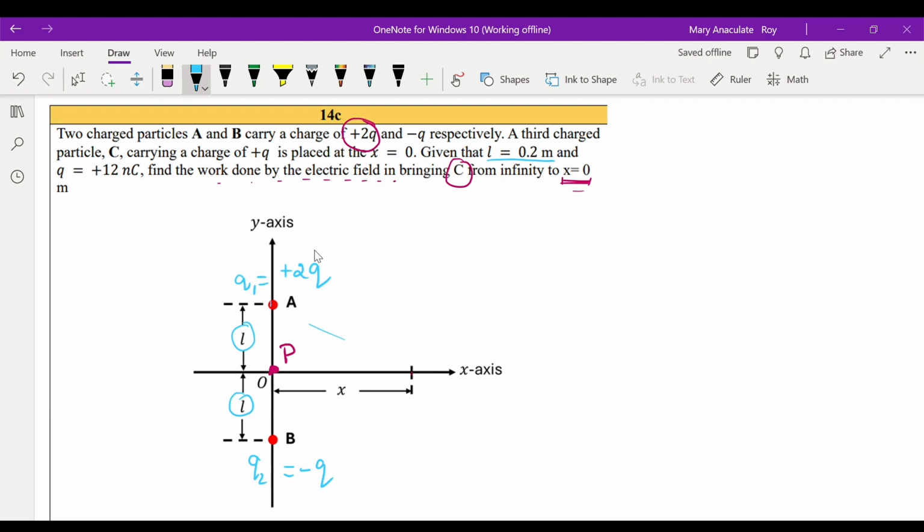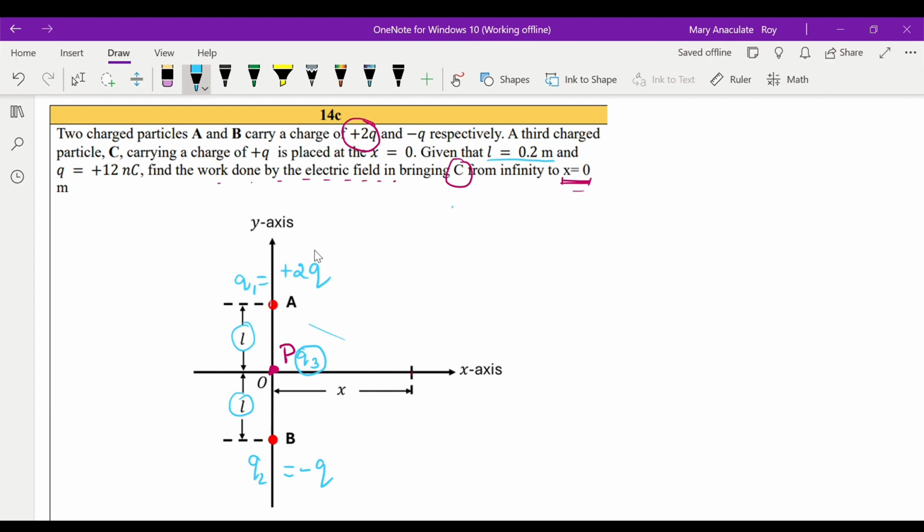So this is the third charge that's brought into the existing two charges already. So if you take this one to be Q3, Q1 is already there, plus 2Q, Q2 is there, and you're bringing Q3 into point P.